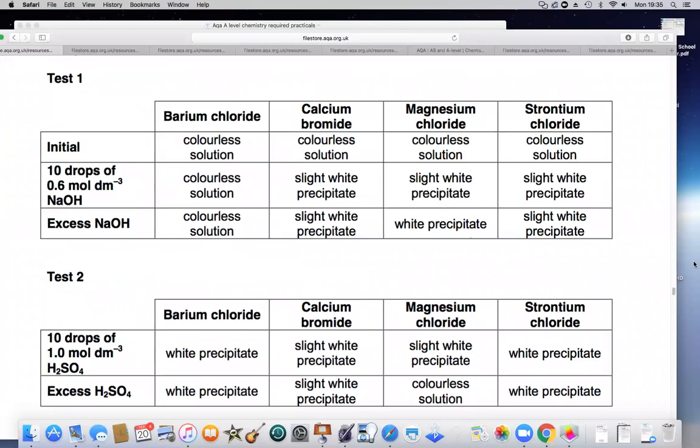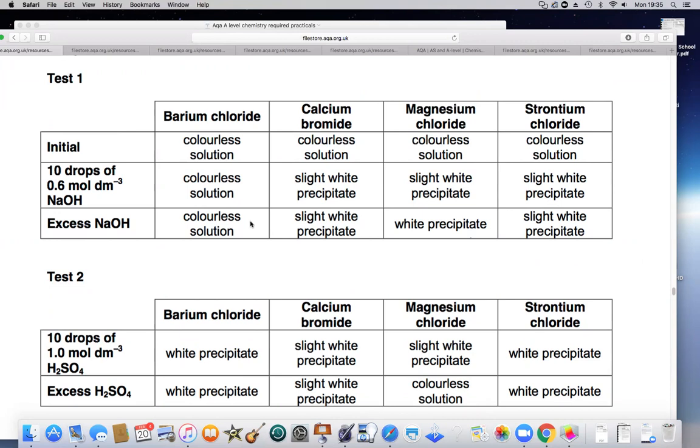So I said before that group 2 ions produce precipitates with sodium hydroxide and sulfuric acid. The reason it's worth doing both tests is that the results are sometimes a little bit unreliable.